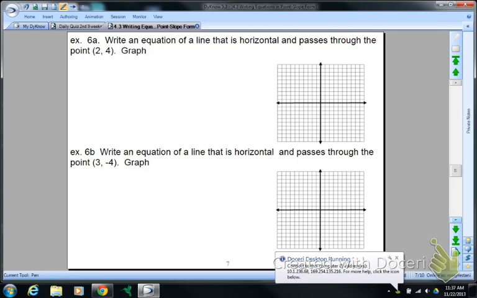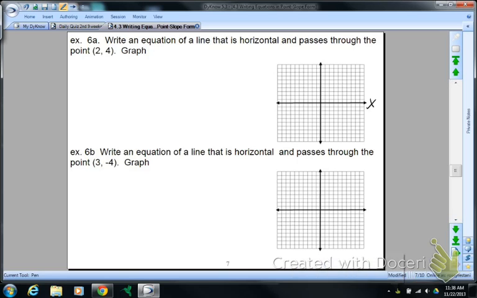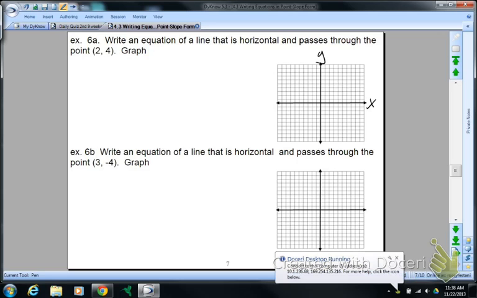Example 6a, write the equation of the line that is horizontal and passes through the point (2, 4). Graph. Okay, let's talk about this. A horizontal line, what is the slope of a horizontal line? Do y'all remember? If you're not sure, let's plot the point and draw the graph. Here's (2, 4).